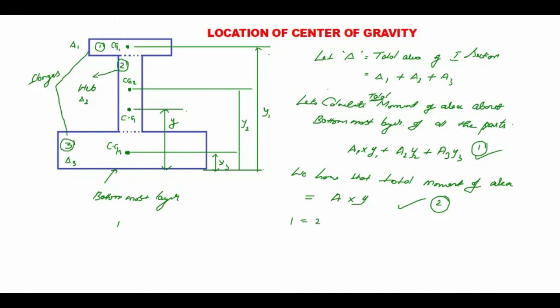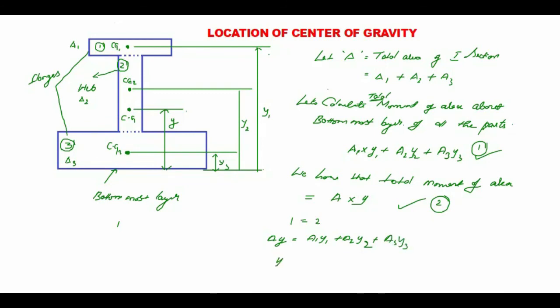So what can you write? We can say that A y is equal to A1 y1 plus A2 y2 plus A3 y3.